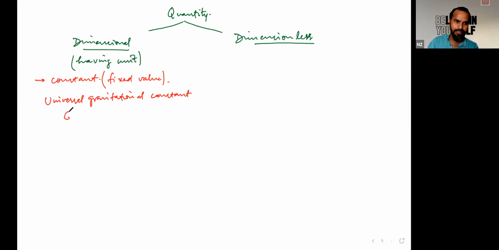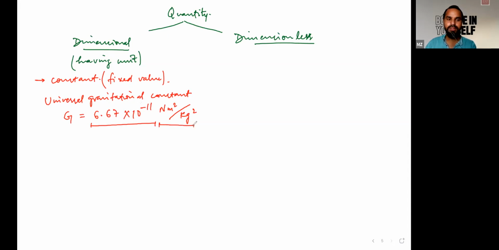It is represented by capital G, and it is equal to 6.67 into 10 to the power minus 11 Newton meter square per kilogram square. So just see this whole value is nothing but a constant value, and it will have some specified unit for which we can define its dimension. So we can call universal gravitational constant a dimensional constant value. Is it clear?